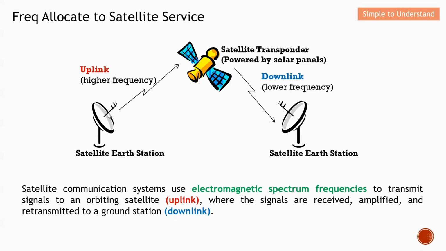They actually send an uplink to the orbiting satellite. So the orbiting satellite receives the signal, amplifies it, and later on retransmits to a ground station. When the orbiting satellite sends to the Earth station, this is what we know as downlink.